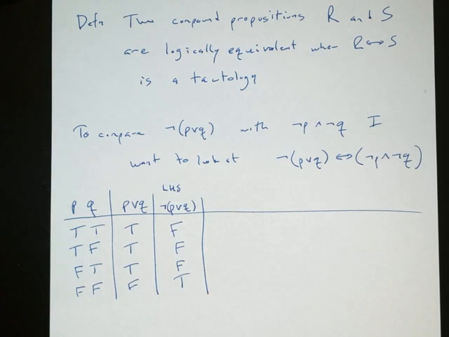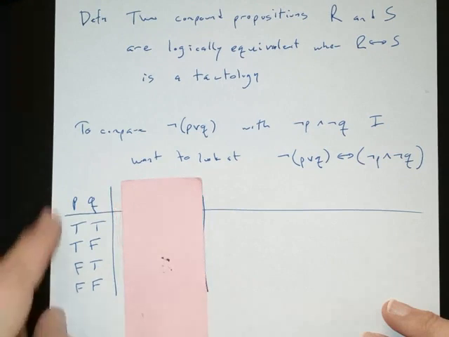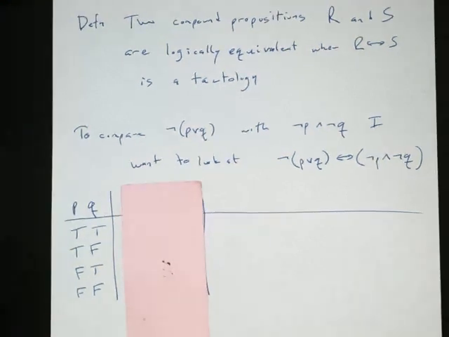So far, so good? This is all the stuff we did previously. I'm just doing more of it. Now I need to build the right-hand side. Starting with the same P and Q in the same order. That's why I've covered up these columns, so I don't look at them at the moment. I'm building the right side.